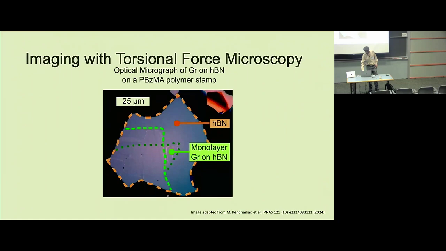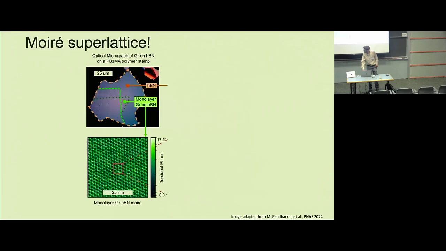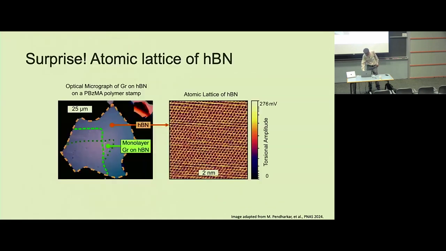This is an image of a sample on its stamp before we've encapsulated it with its bottom layer. Here you can see we've mapped using an AFM-based technique the moiré of monolayer graphene on boron nitride, and we can actually even see the atomic lattice of boron nitride.